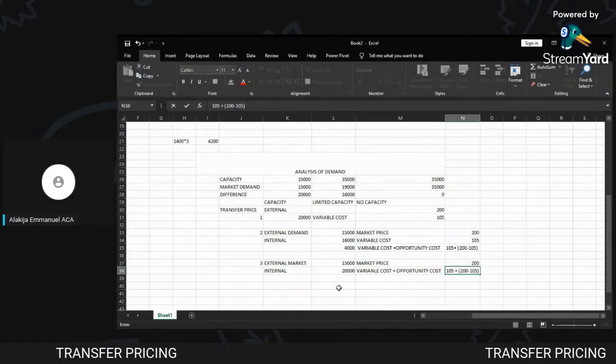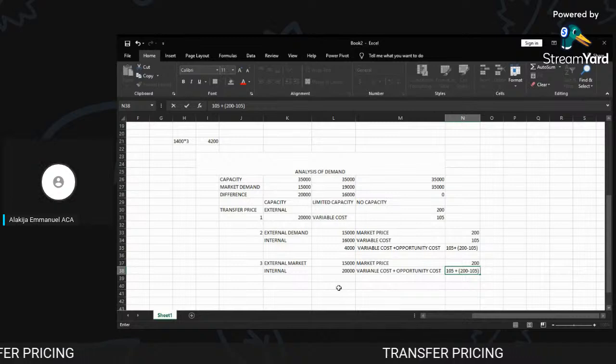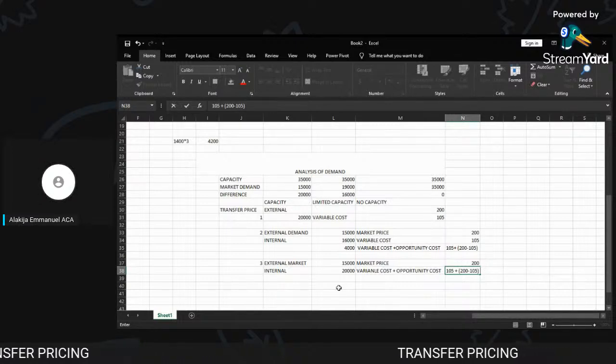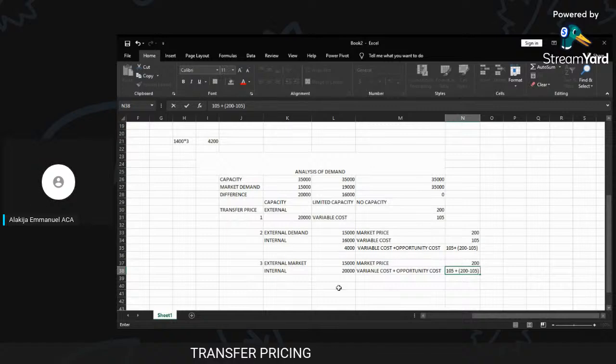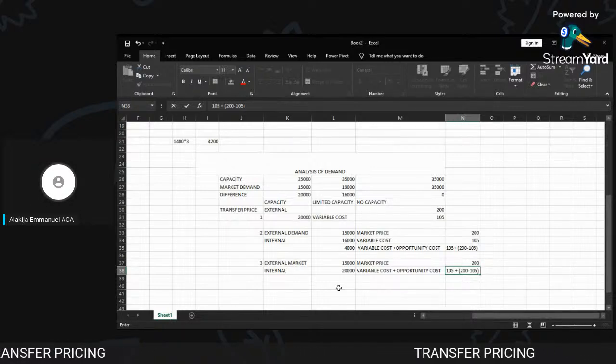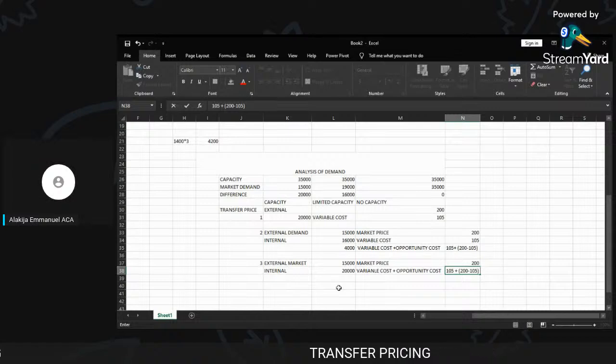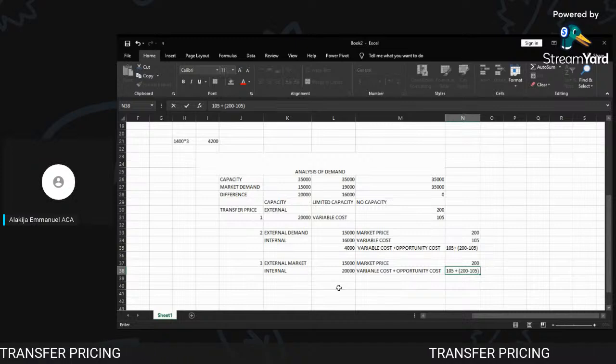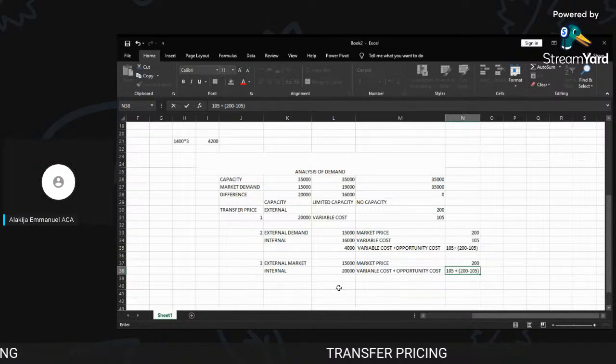When market demand was 15,000 and we have 35,000 units to produce, it simply means that we can meet both the demand of division Y, the buying division, and the external market without stress, without affecting each other. So if we have such a situation, that means we have capacity.